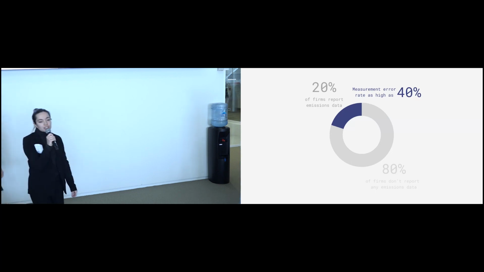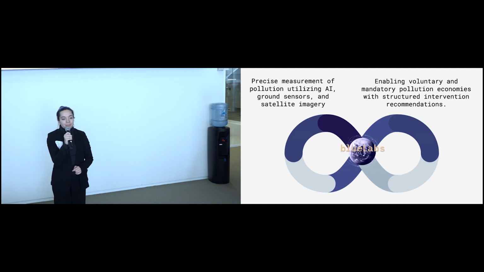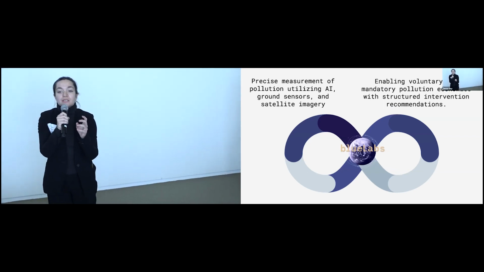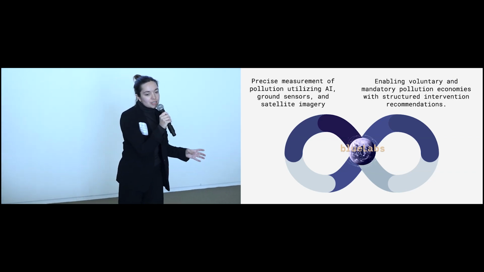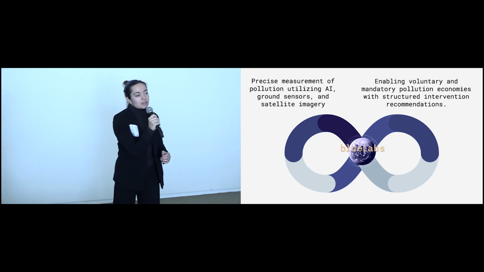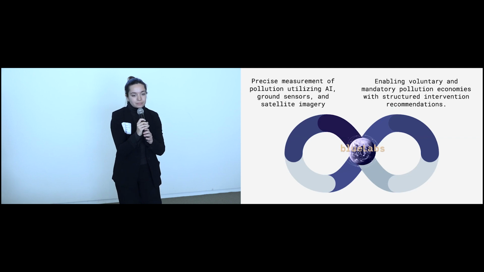So how are we addressing this challenge? Well, we're doing it through a two-phased approach. Phase one is that we have developed an approach to predict precise measurement of pollution utilizing artificial intelligence, ground pollution sensors, and global satellite imagery that we collect every single day for every location on the planet.